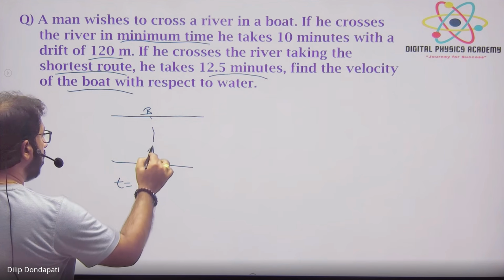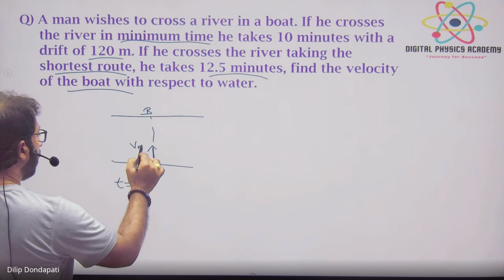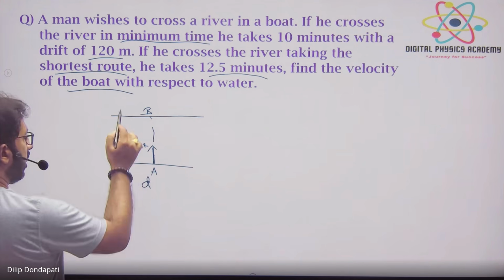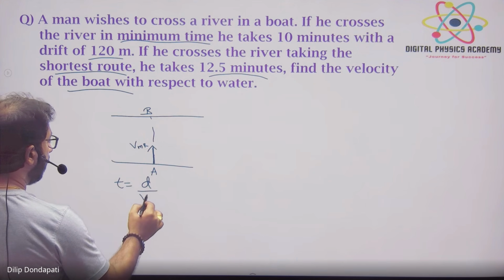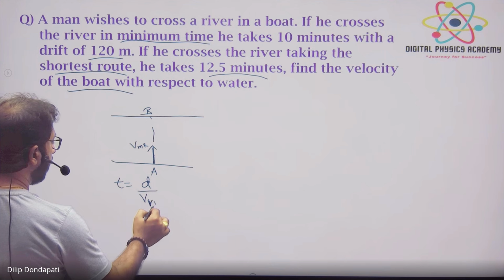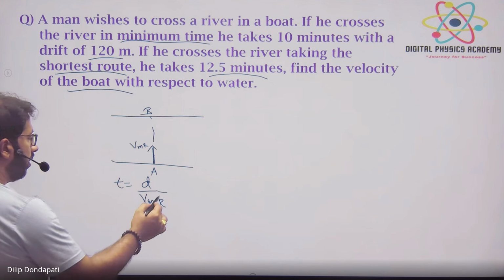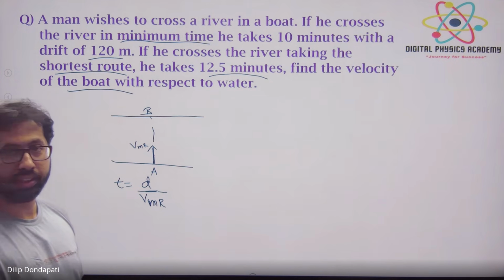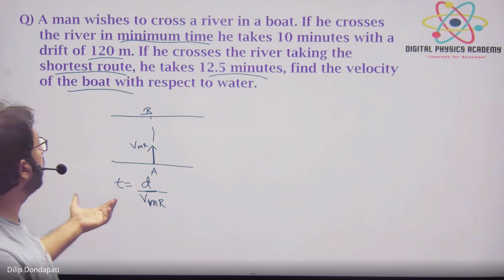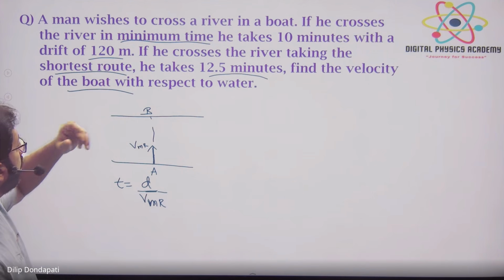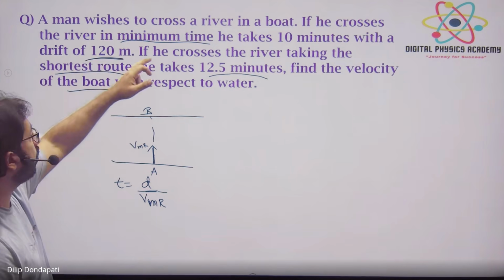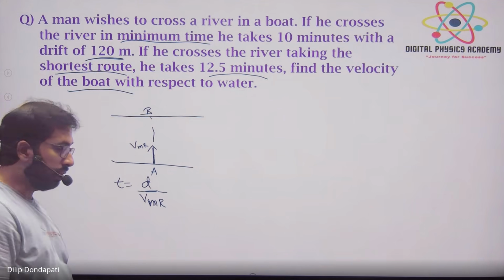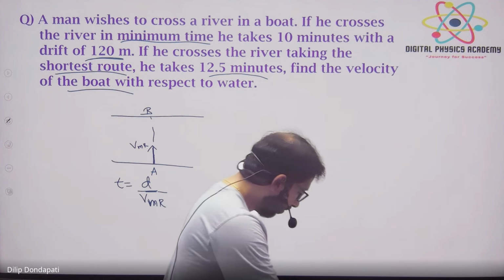Initially he has to start like this, with velocity of man with respect to river. This is the first minimum time wala case. So use karo whatever things are given. Drift is given, right? With a drift of 120 meters. Drift का use करो. Some equations आएगा, 2 equations आएगा, solve करो.